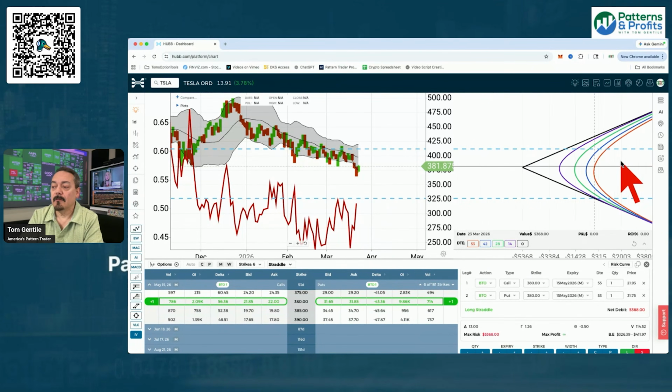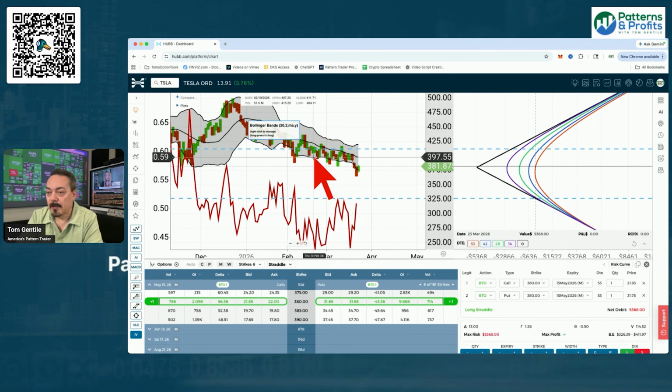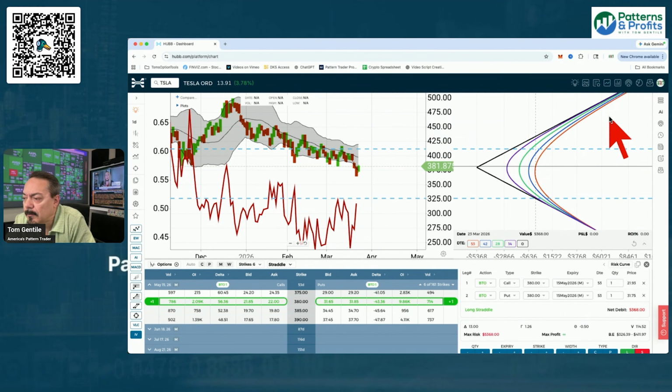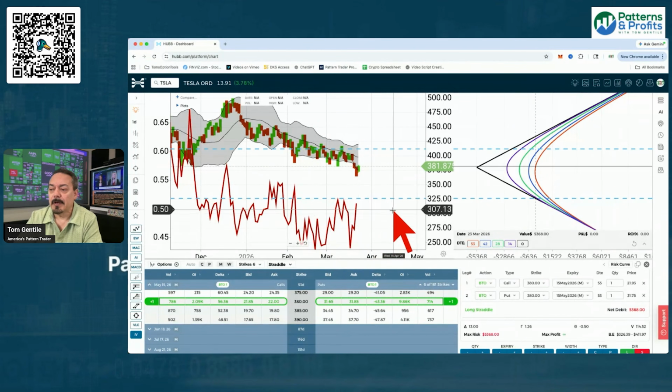And when I'm looking at it right now, it shows me that if Tesla were to break out and quickly move back up into the mid 400s, it's going to show me profits over here of something considerable. Or if we drop down to new lows, if we drop down into the 300s, then you can expect to see something that's going to be close to a double.